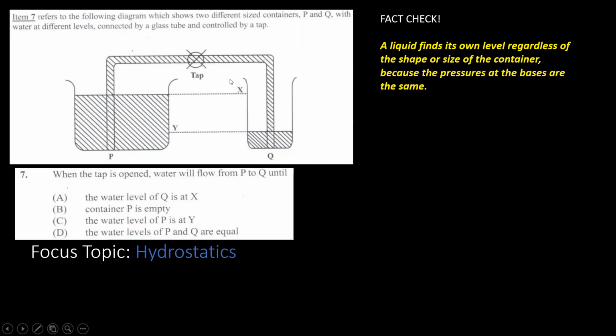So P and Q are connected by the tube, which is attached by a tap. So once these two vessels are connected, then liquid will flow until the levels are equal, because at that time the pressure at the base of the two vessels will also be equal. And so our answer is D.